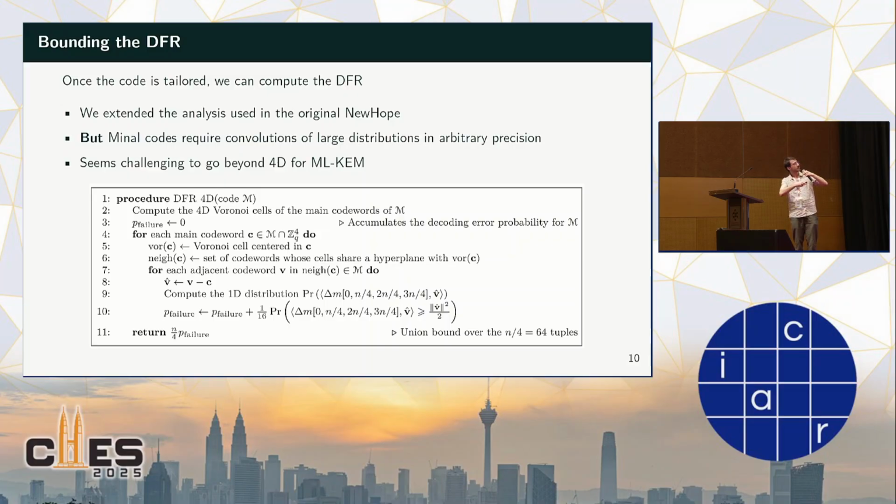You compute this distribution and you do a union bound over all these possibilities, and you can do the analysis. But the hard part is this one here, because we don't want to use any independence assumptions, so we need to compute implicitly a very large joint distribution for the coefficients that we are using for the code.